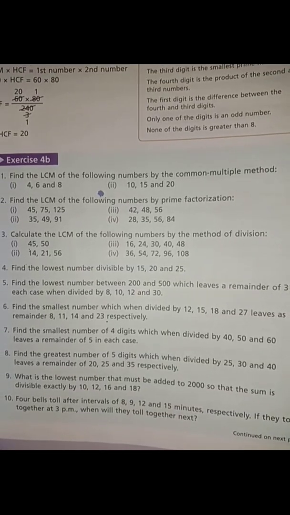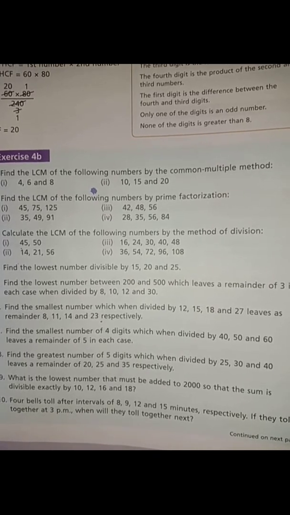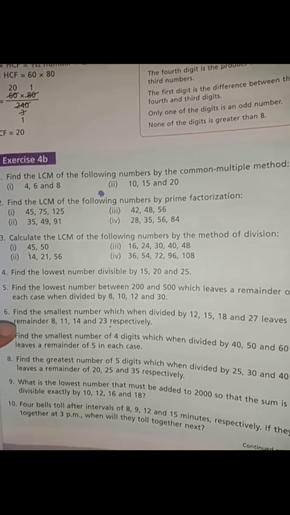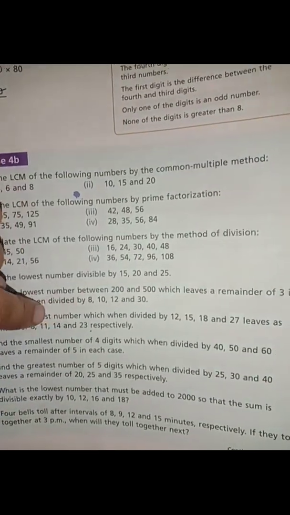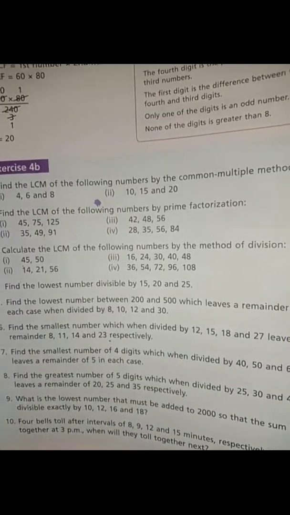Moving towards question number 6, we have to find the smallest number which when divided by 12, 15, 18 and 27 leaves remainders of 8, 11, 14 and 23. So we have remainder of 12 is 8, remainder of 15 is 11, remainder of 18 is 14 and of 27 is 23.